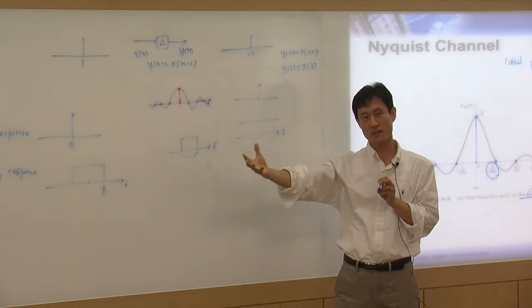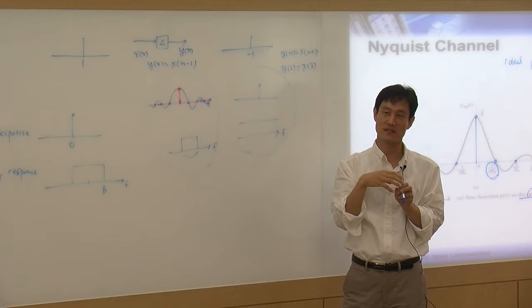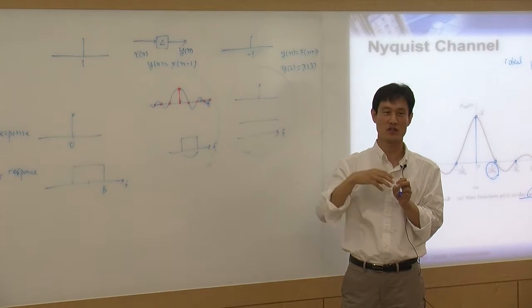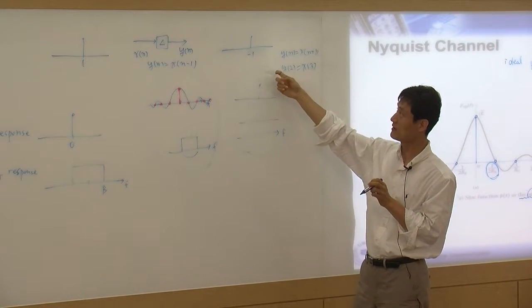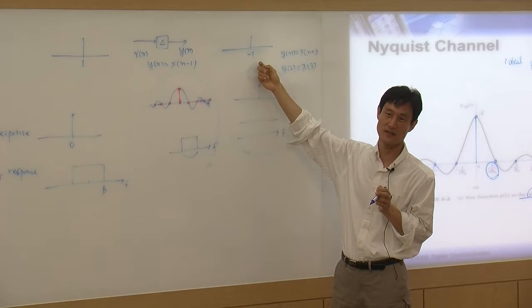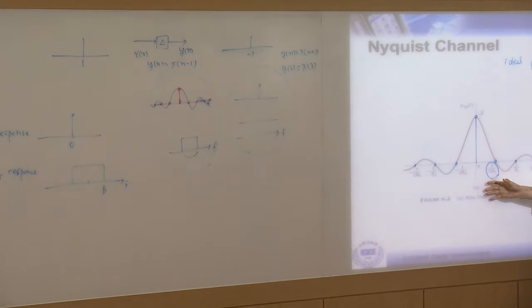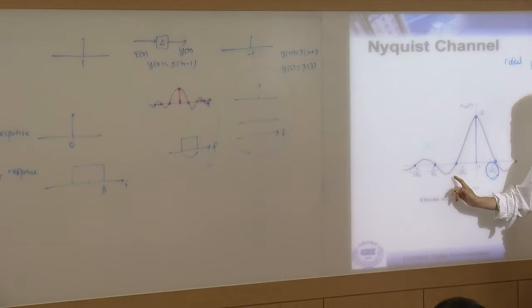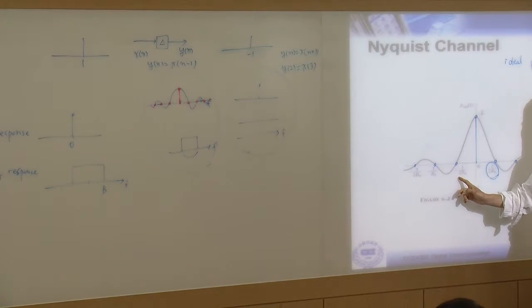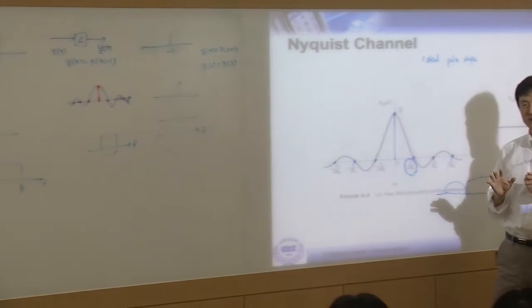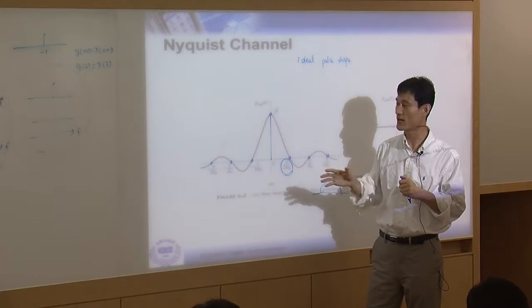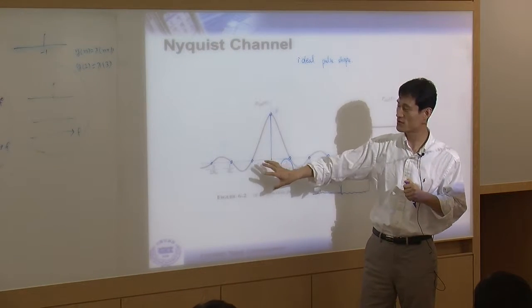But your future sample cannot impact the past. That's like back to the future, right? So this does not make sense in practice. This is a non-causal system. When you come back here, we have non-causal samples here. So of course, practically, you cannot make this because it is non-causal.